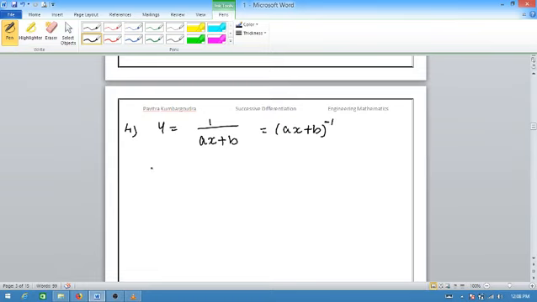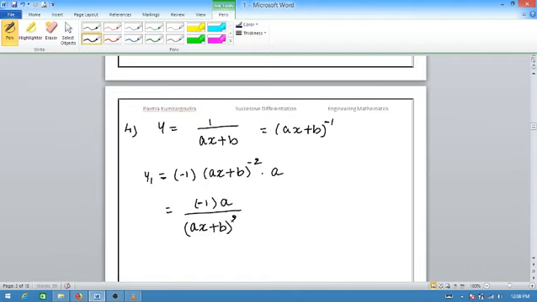Differentiating with respect to x, you will get y1 is equal to, what is the differentiation of (ax plus b) whole raised to minus 1? So that is minus 1 into (ax plus b) whole raised to minus 1 minus 1, which is minus 2, into differentiation of ax plus b, which is a. So that is equal to minus 1 into a divided by (ax plus b) whole square.